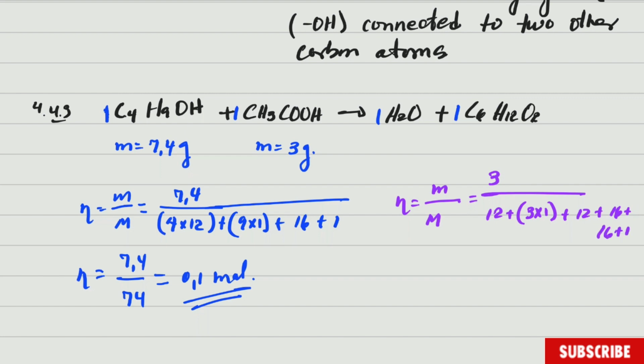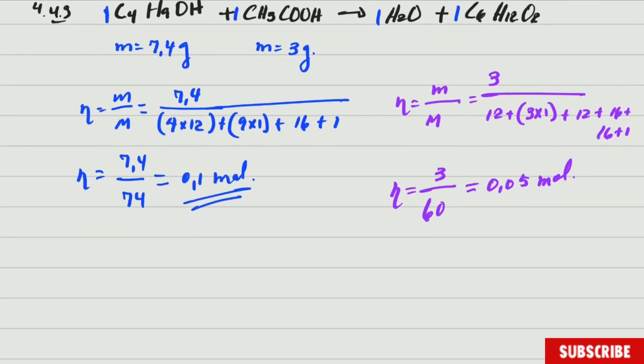That is what you get there. So the number of moles, guys, when you calculate it, is equal to 3 divided by 60. Make sure you do the calculation correctly. And then you get that the answer here is 0.05 moles. Alright? So this is the number of moles of ethanoic acid you have at the beginning.